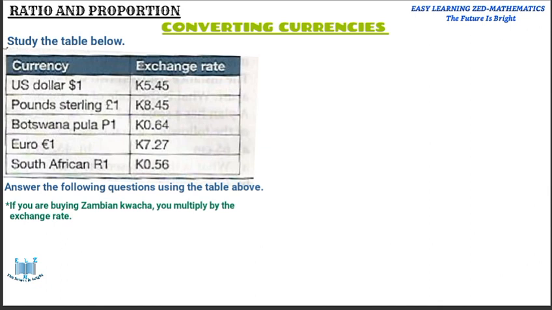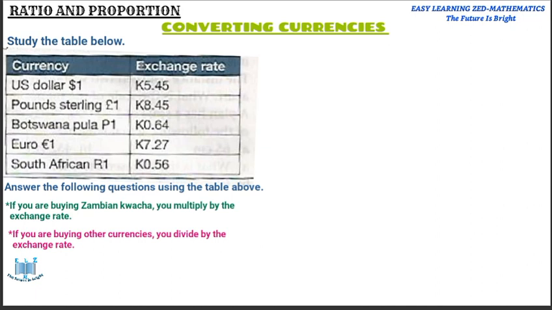Then if you are buying other currencies, you divide by the exchange rate. If you have Zambian kwacha and you want to buy dollars, you divide the money you have by the exchange rate.